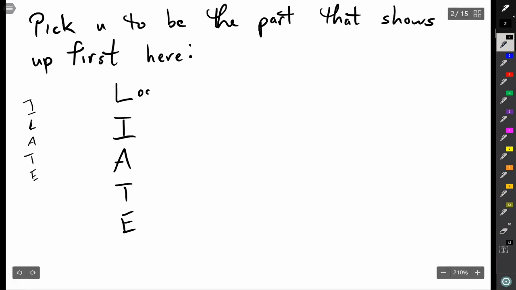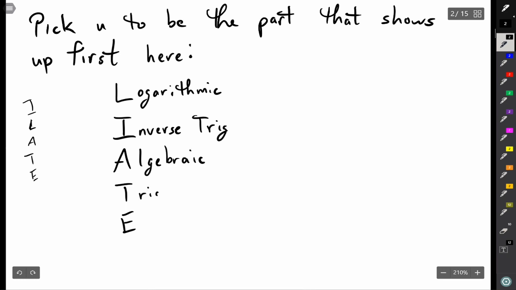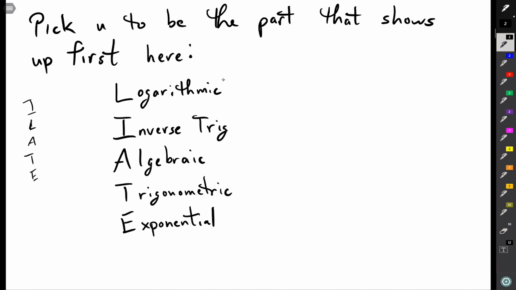The L stands for logarithmic. The I stands for inverse trig. The A stands for algebraic. The T stands for trigonometric. And the E stands for exponential. So, the first one is anything with an ln or a log or something like that.